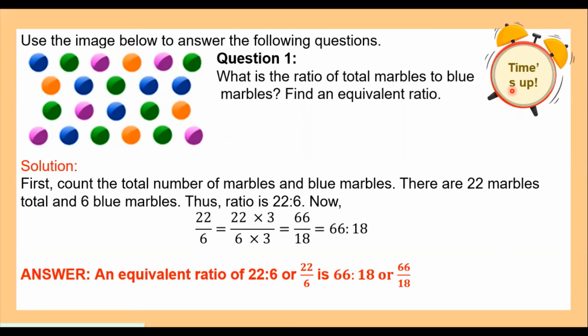Now, to get an equivalent ratio, I chose to multiply the numerator and denominator by 3 and I got 66 over 18. So it is one of the equivalent ratios of 22 over 6. You can multiply it by 2 or whatever number you want as long as you follow the rule.